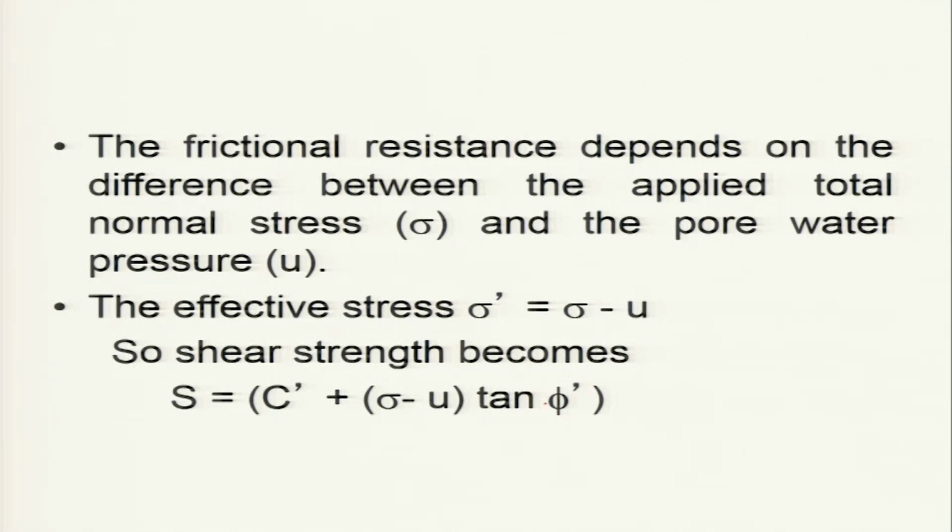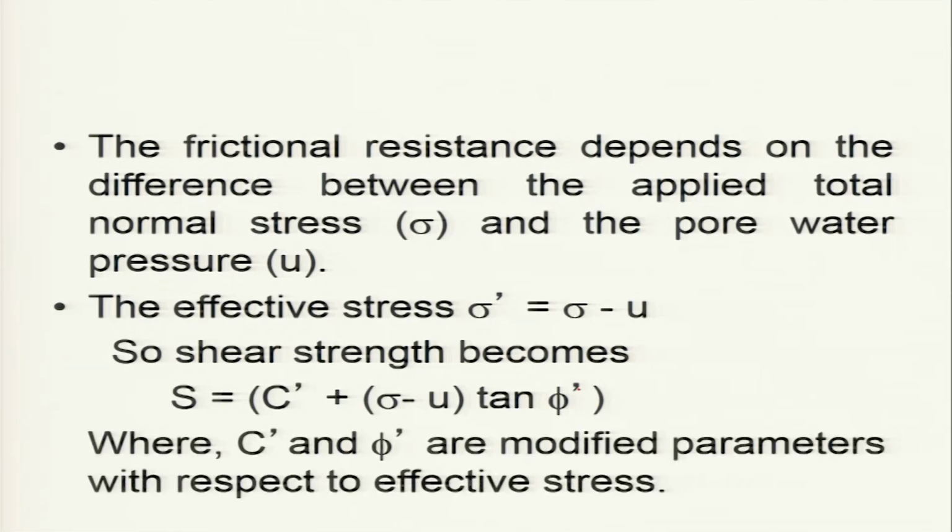The angle of internal friction will also be affected, so you will have the phi prime. Where c is the cohesion, and sigma prime and phi prime are modified parameters with respect to the effective stress.